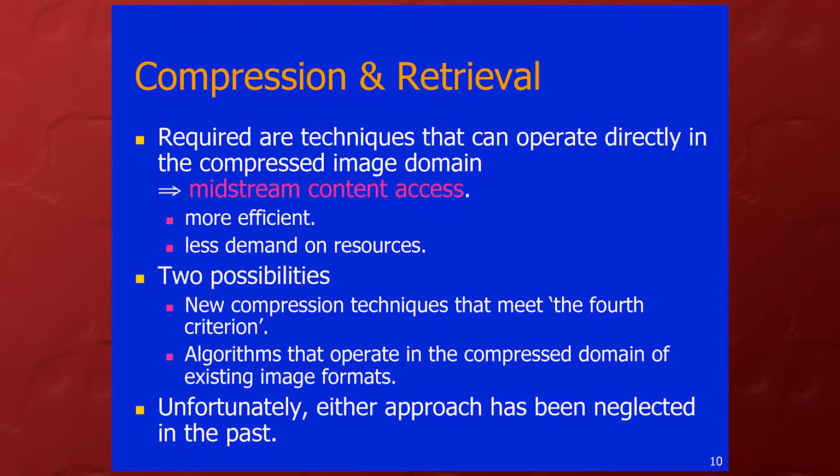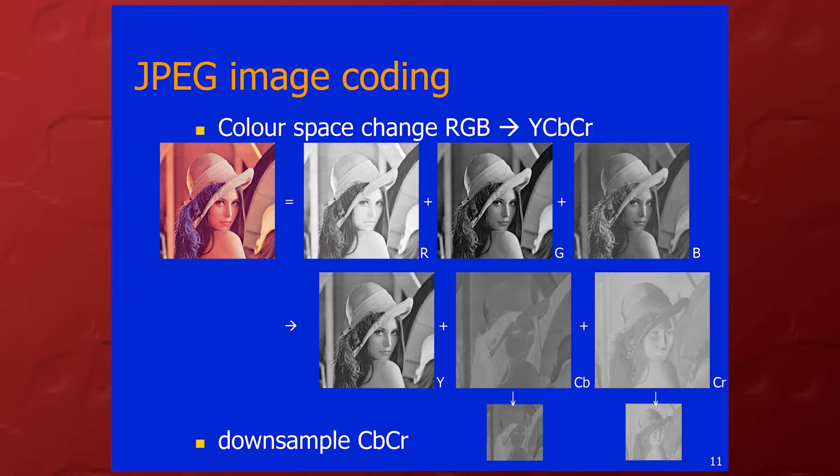So in order to be able to do that, we first need to look at how does JPEG actually work? So I will run very, very quickly through how JPEG works as a compression technique. So we start with an image. Nowadays, it's typically a color image, which means that we've got 3 different channels, RGB.